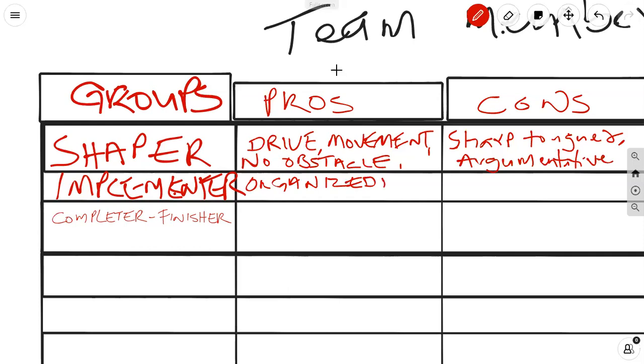They are disciplined. But on the flip side, they can be a little bit rigid and resistant to change. So they could be rigid and they could resist change.